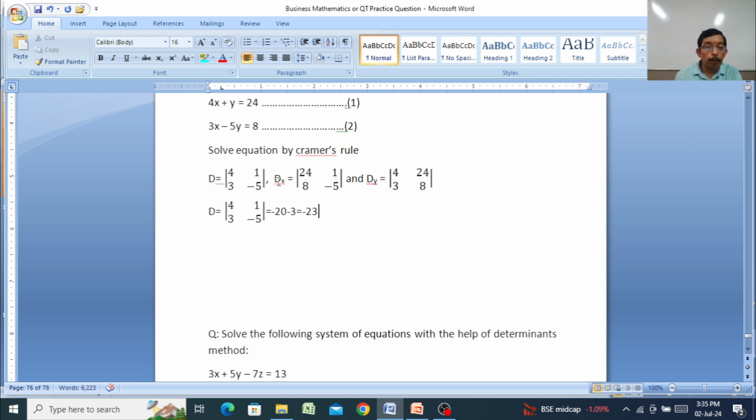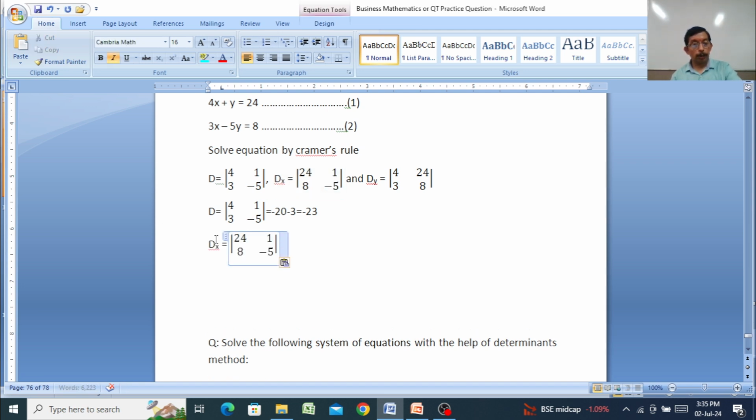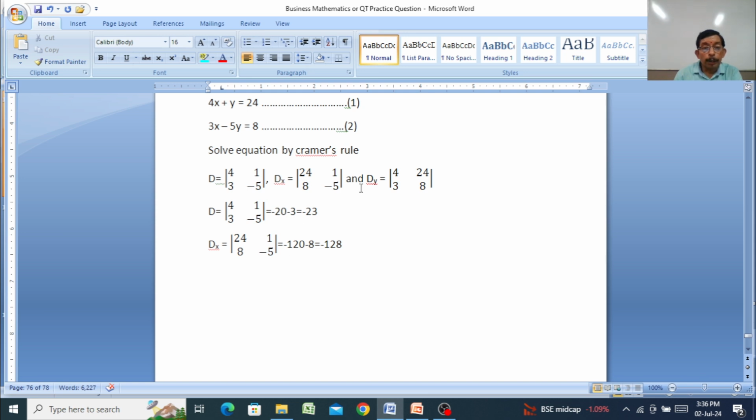Now simplify the value of Dx. Dx is equal to minus 120 minus 8, that is minus 128. Now simplify Dy.